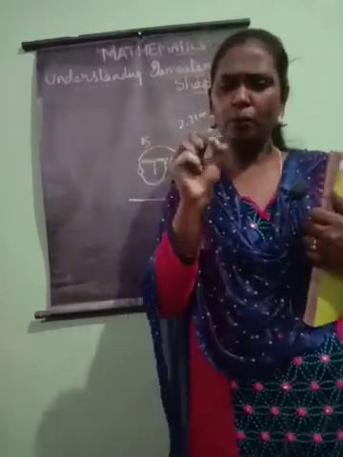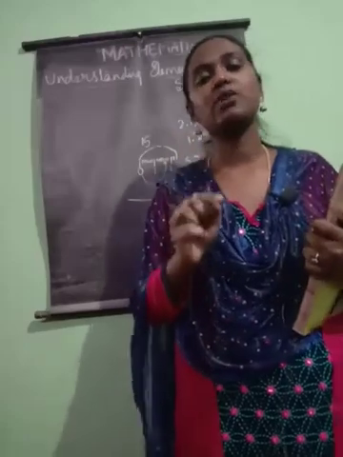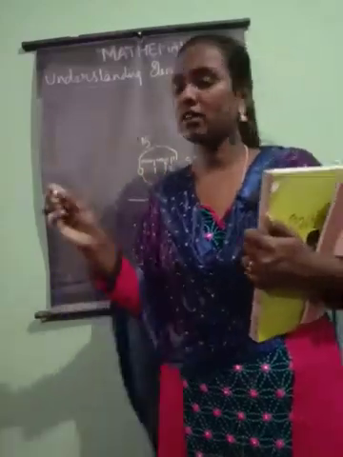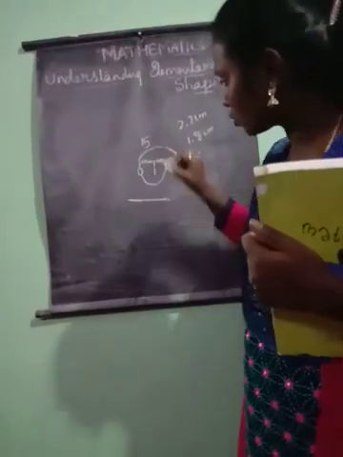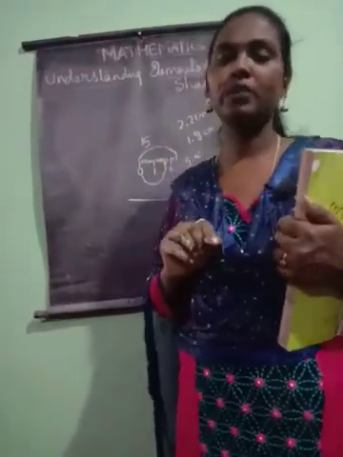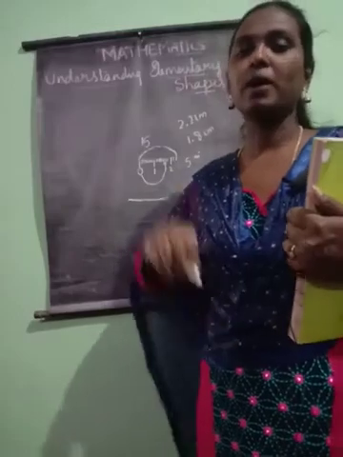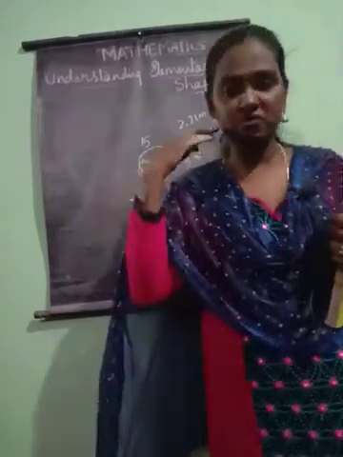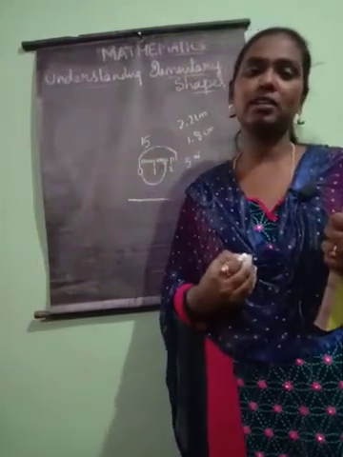If one point is a mistake, your sum will be wrong. For 6.4, if you mark 6.5, just one point off, then your sum is wrong. So while measuring, you have to be careful. First learn how to mark the line.